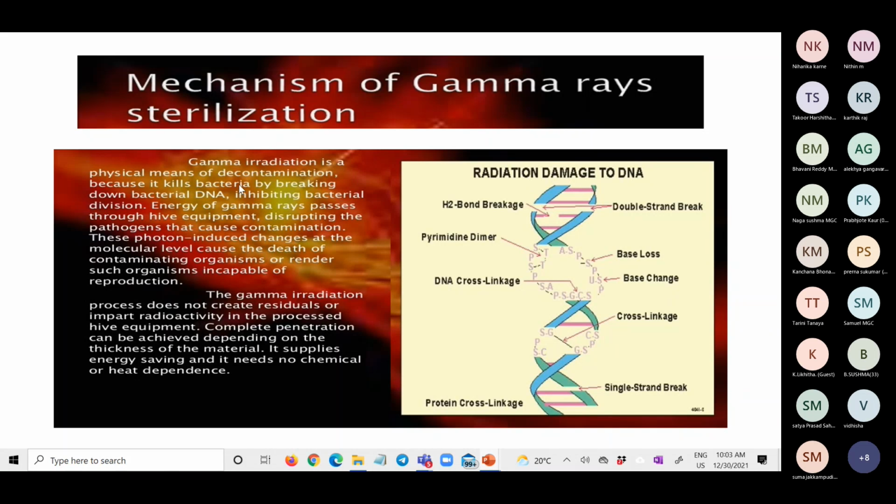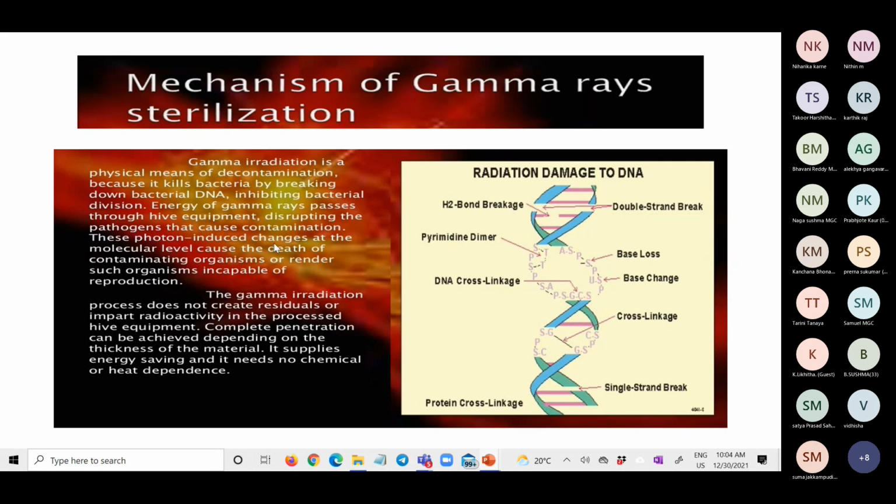So now we will see it here. Gamma radiation is a physical means of decontamination because it kills bacteria by breaking down the bacterial DNA and inhibiting bacterial division. Energy of gamma rays passes through the equipment, disrupting the pathogens that cause the contamination.